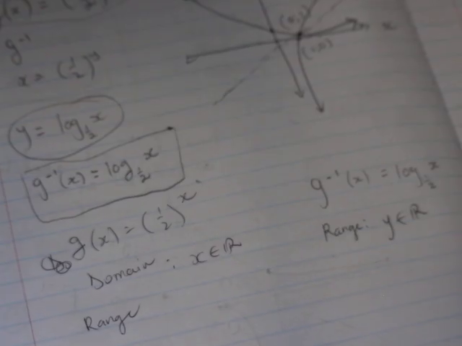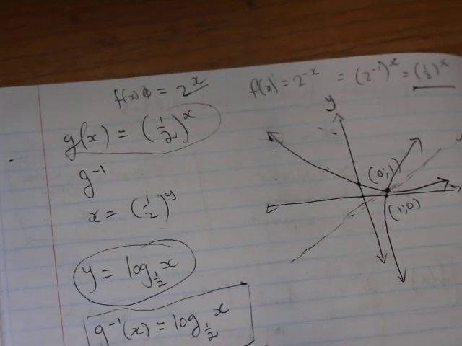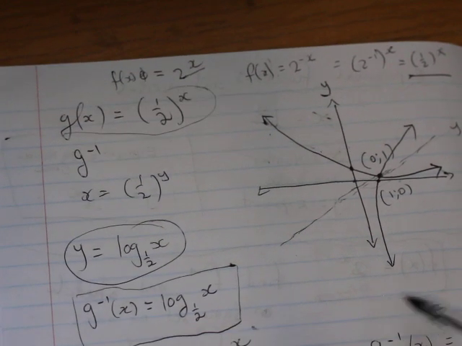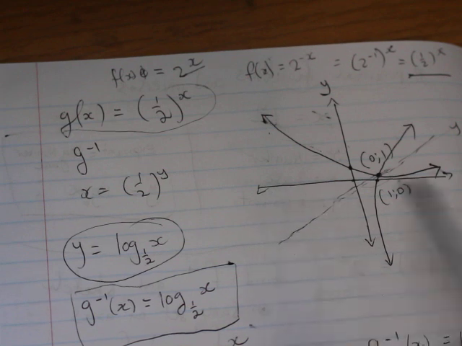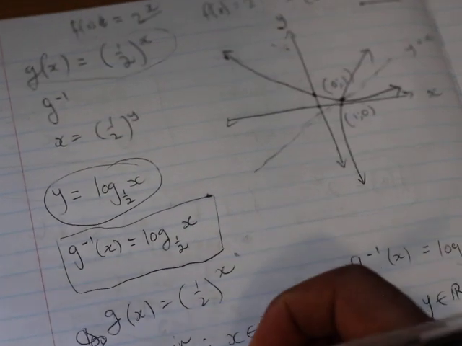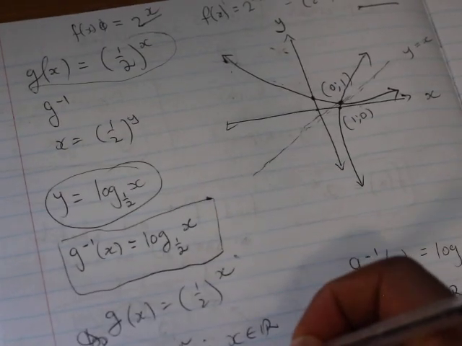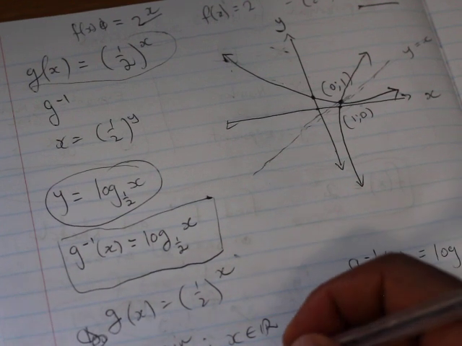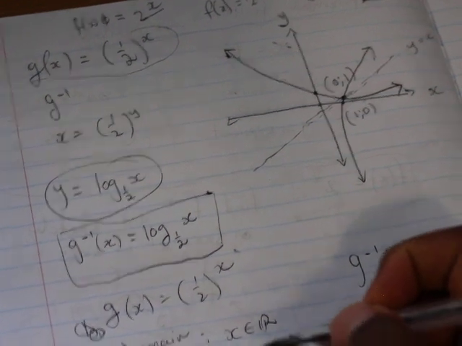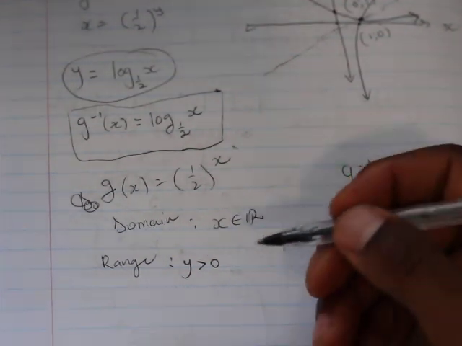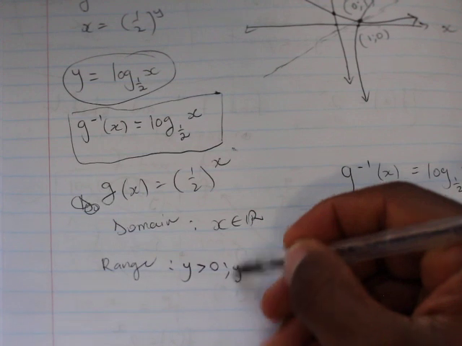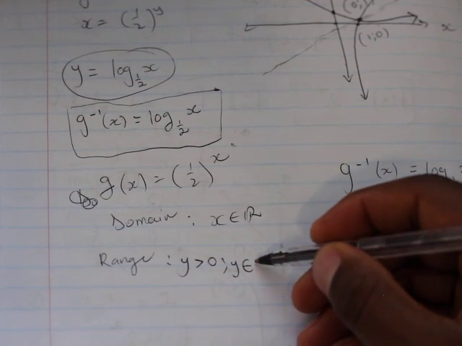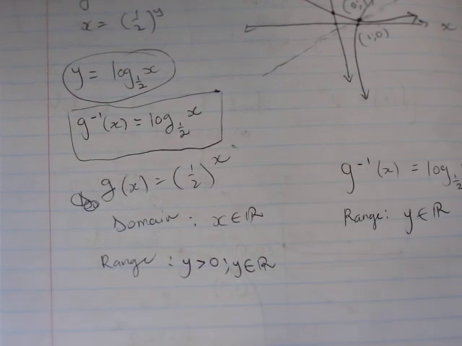And y values are actually not allowed to be 0, because this function never touches the x-axis. So the range is y is strictly greater than 0, because once your y is 0, we're going to have issues. So y is greater than 0, and y is an element of real numbers.